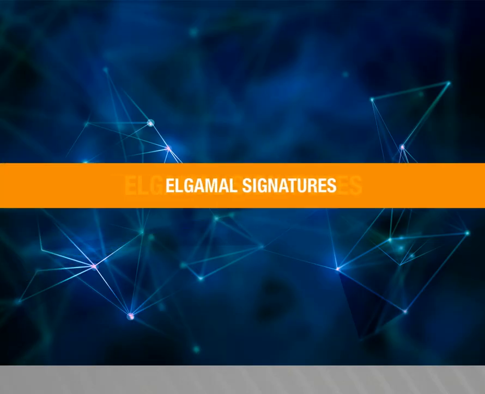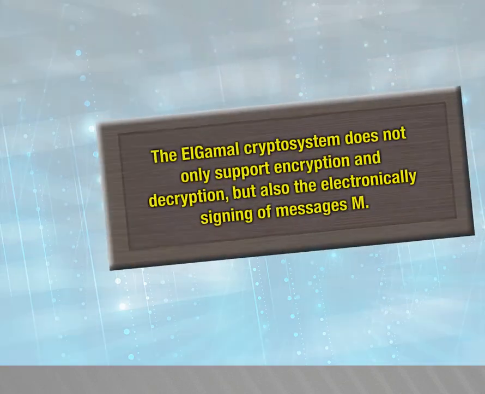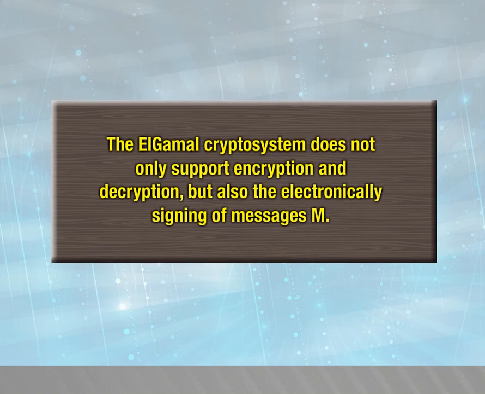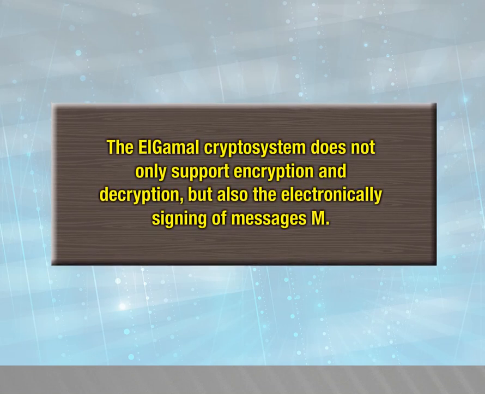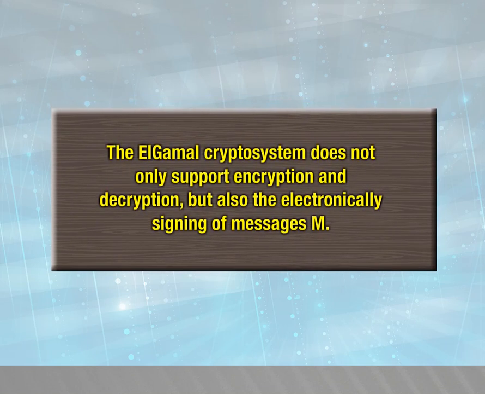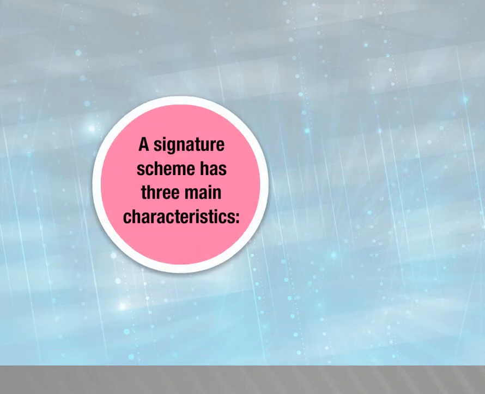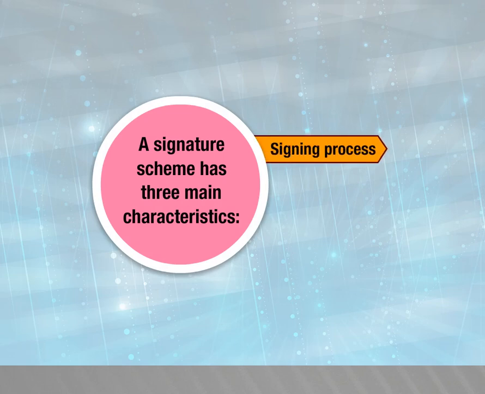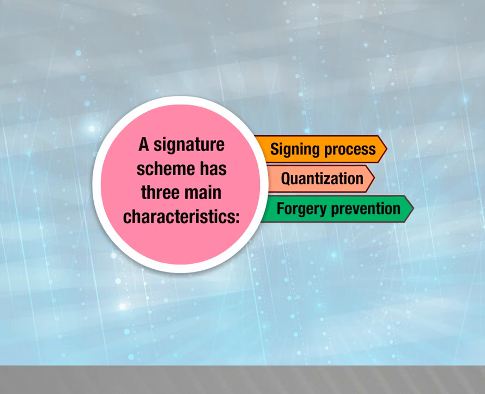Elgamal signatures. In this video, we are going to see about Elgamal signatures. The Elgamal cryptosystem does not only support encryption and decryption, but also the electronic signing of messages M. A signature scheme has three main characteristics: signing process, verification, and forgery prevention.